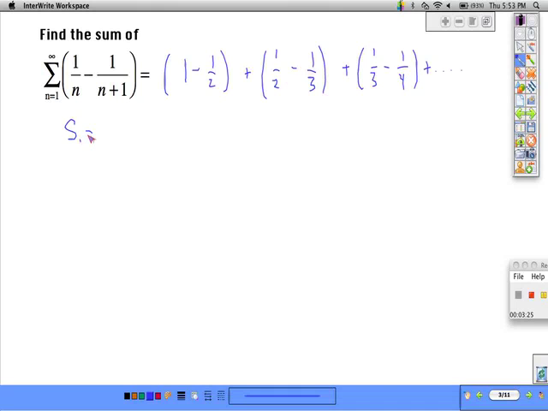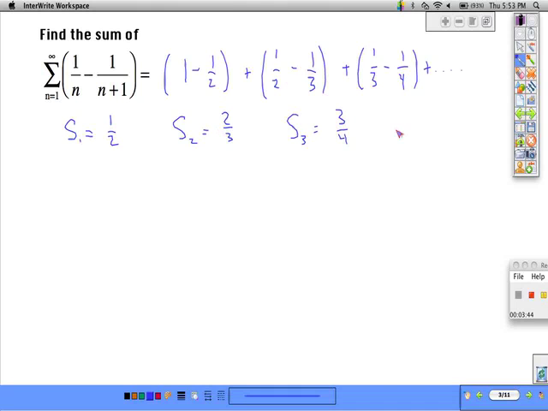S sub 1 would be 1/2. S sub 2, the second partial sum, is 2/3. S sub 3 is 3/4.